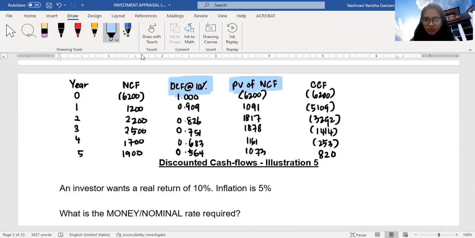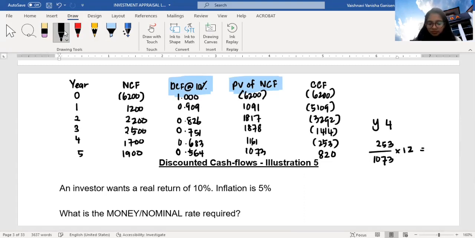So your payback period will be year 4, and then 253 over 1073 multiplied by 12, which is about 3 months.